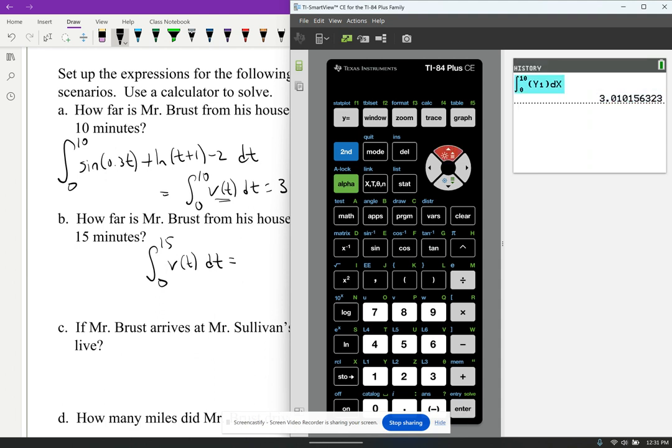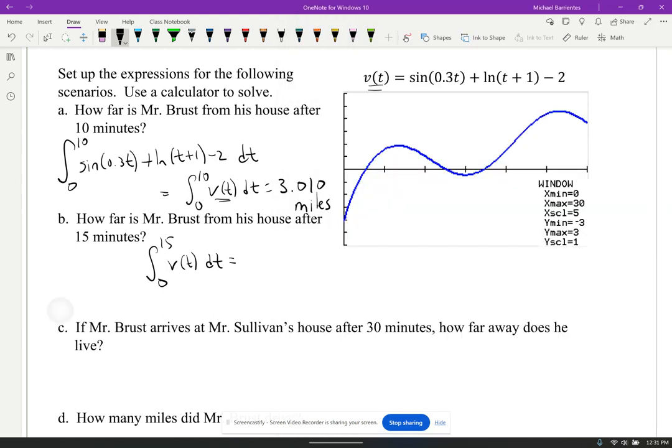If I move up and highlight that entry, I can press enter, and then go back and change that 10 to 15. I don't even need to get out of the integral. Press enter and you get 3.397 miles.